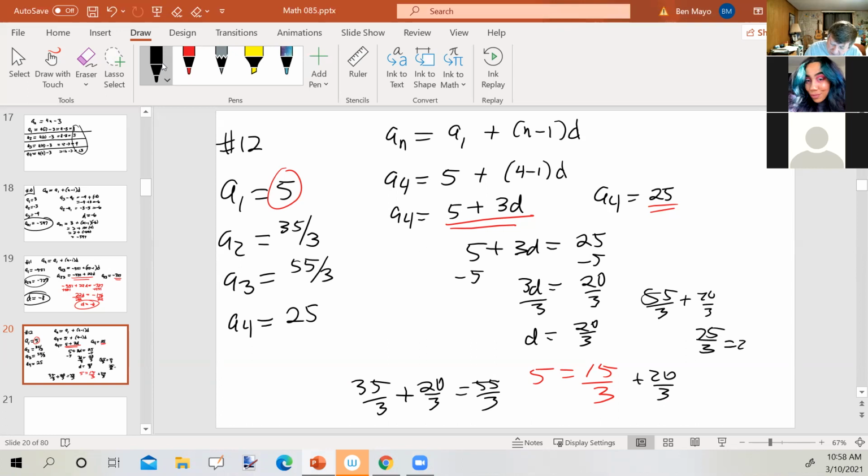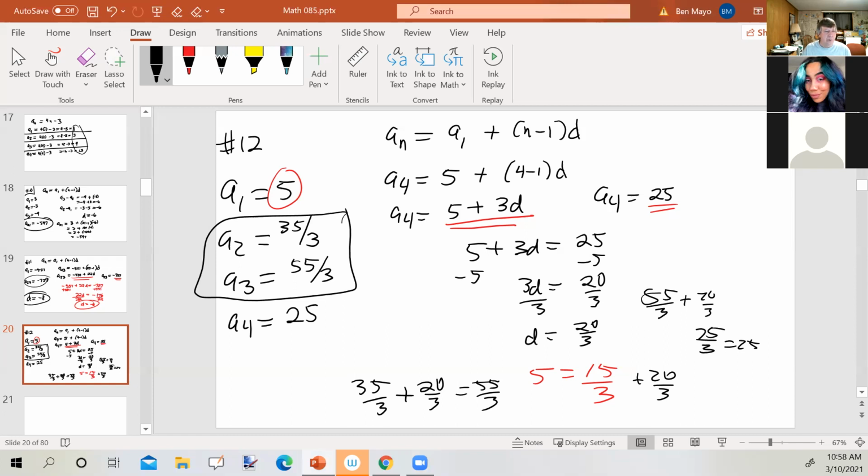But 75 thirds is 25, so it checks. So here are my two arithmetic means. And recall that in WebAssign, it doesn't seem to like mixed numbers, so you would use the improper fractions. Any questions on that?